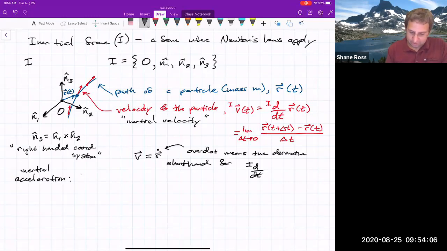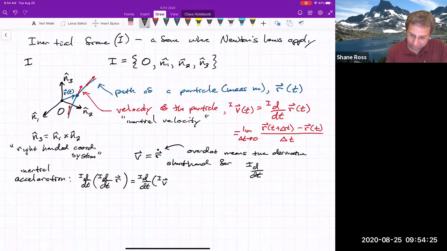All right, so this is time derivative with respect to the inertial frame of the time derivative with respect to the inertial frame of the location of the particle. Or we could say it's the time derivative with respect to the inertial frame of the inertial velocity.